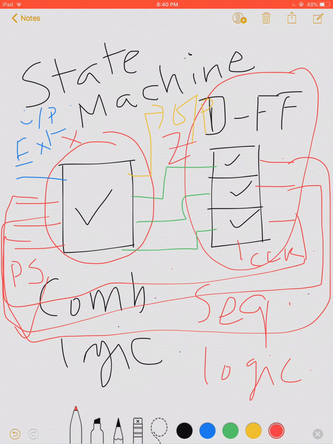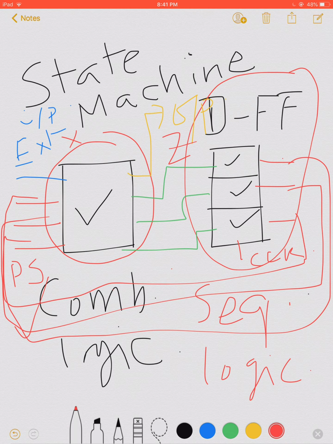The combinational logic is giving two types of output. One is the next state output, and the other is the external output. The next state output is fed again to the flip-flops, and in the next clock cycle the states of the flip-flops change, so the overall circuit state also changes, right?